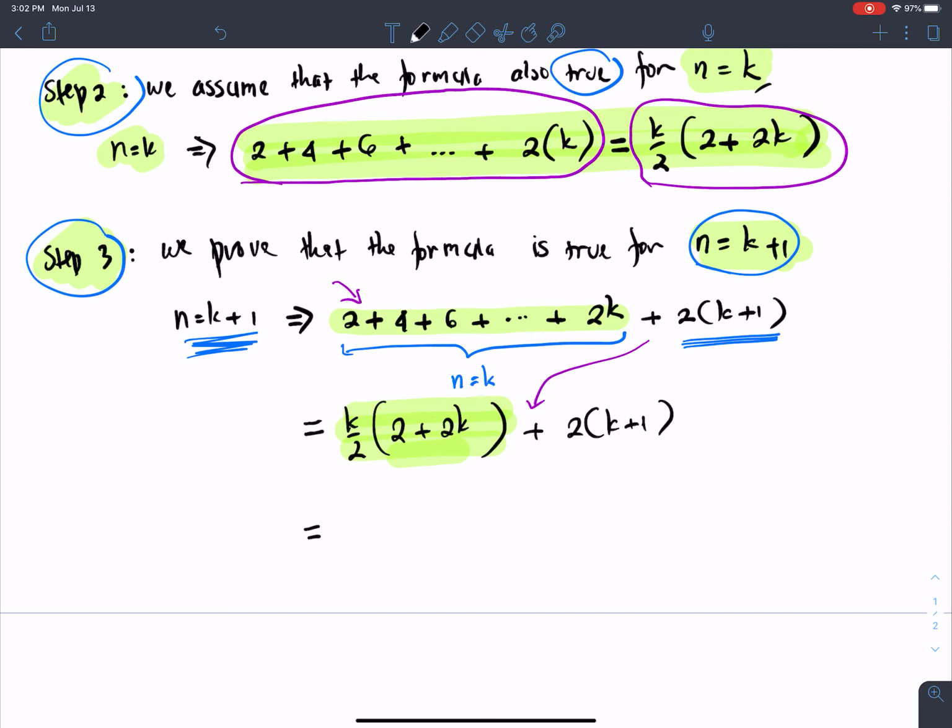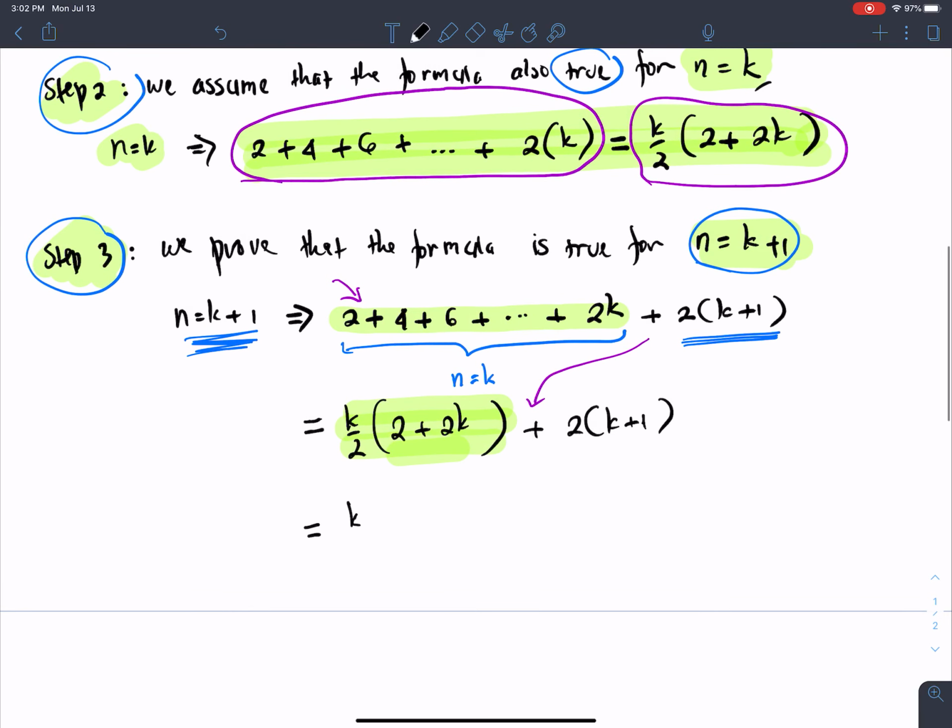Now, look at this one first. I can simplify because we have k over 2 in here, and then inside the bracket is 2 and then 2 over here. Understand? Or let's see, let's just keep it over 2 at the bottom. But since there is a 2 inside the bracket, I would like to take out the 2 and put it outside the bracket.